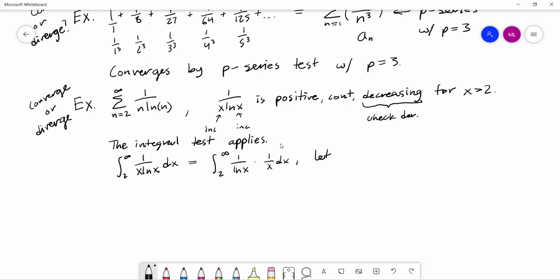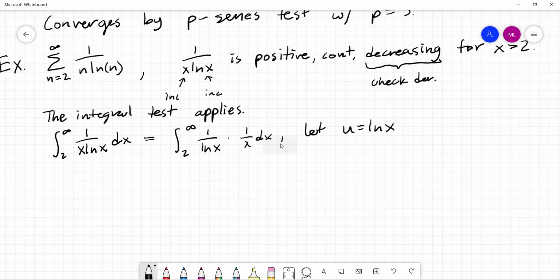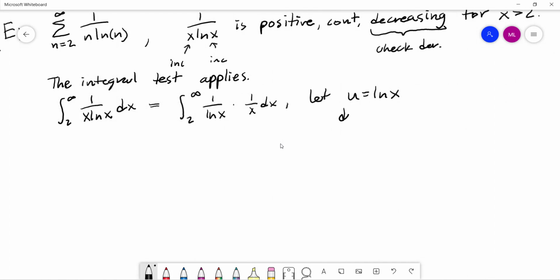So if u is equal to the log of x, then du is equal to 1 over x dx.